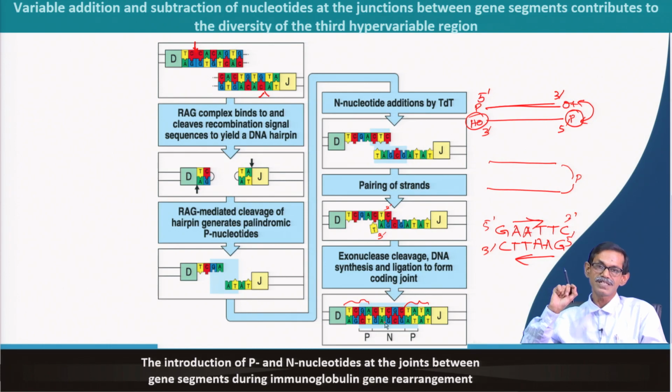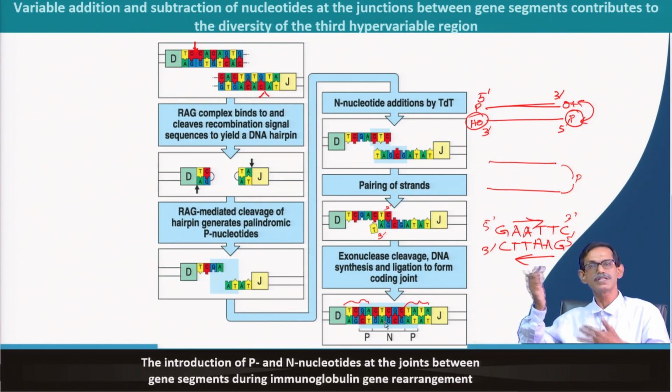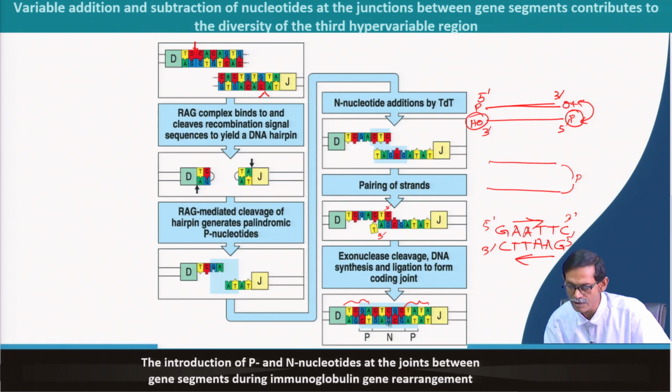Okay. So, this randomness can make any combination of 5 or 6 or 7 nucleotides, that is also not in control. So, it is again a random process. So, these 5 nucleotides which are randomly added in between D and J, this is called N nucleotide.